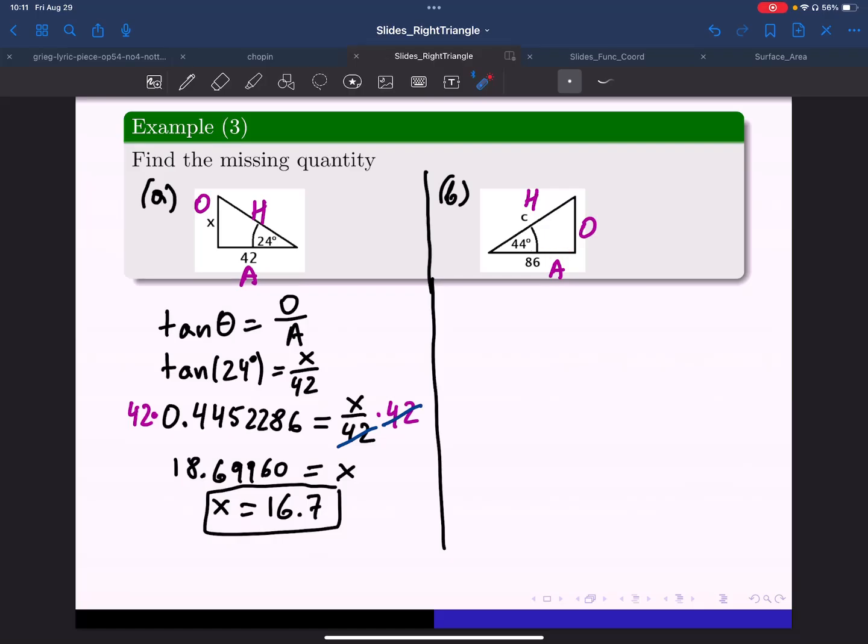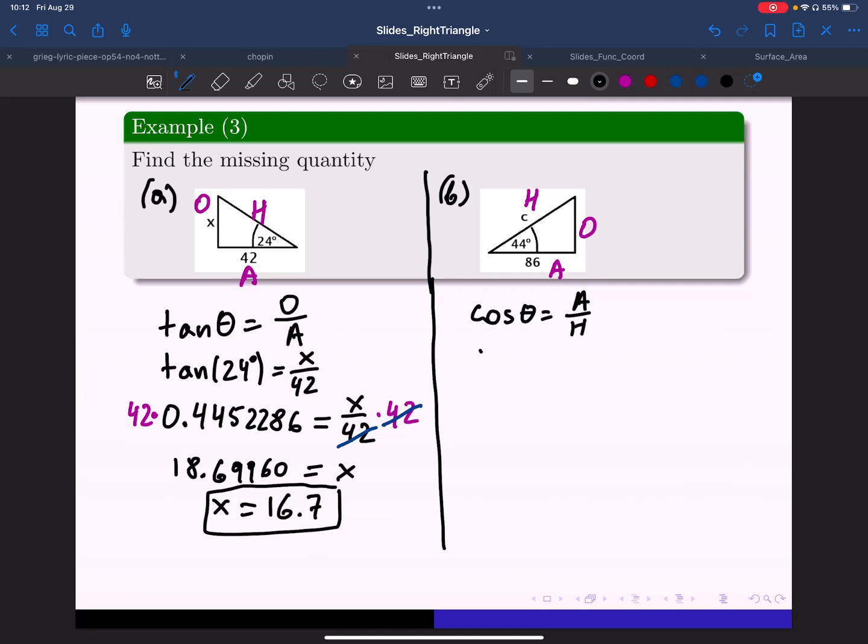So now we're looking for what trigonometric ratio uses adjacent and hypotenuse, because those are the two quantities we need to work with. Looking at the definition, cosine theta is adjacent over hypotenuse.